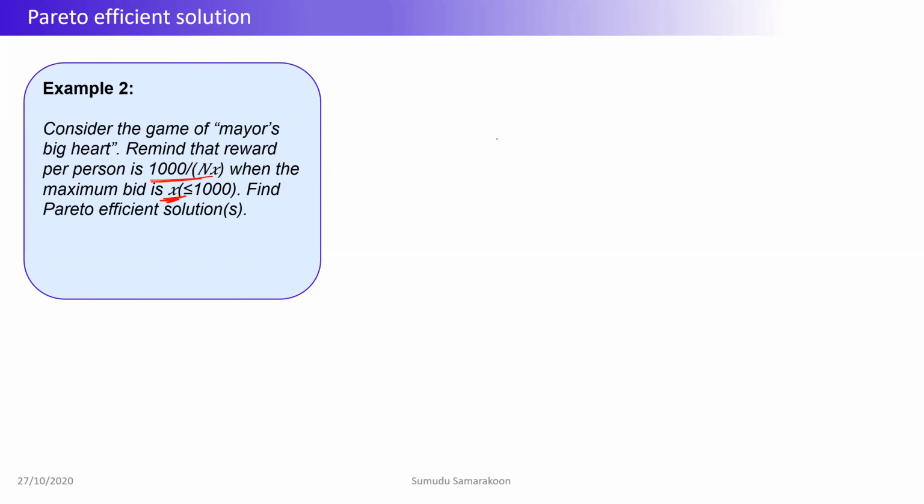Now, if you think about this case, given this is the payoff for any person who has already picked their bid as equal to X. So now suppose there's one player N. Now let's see whether he would like to change his decision.